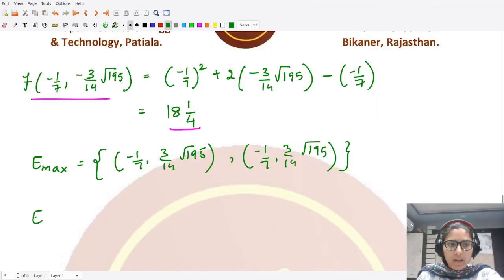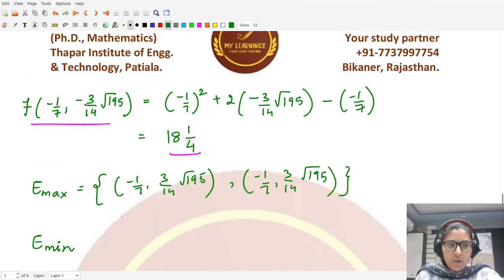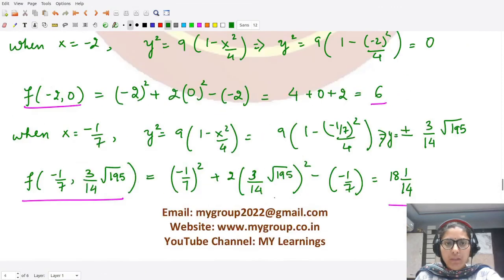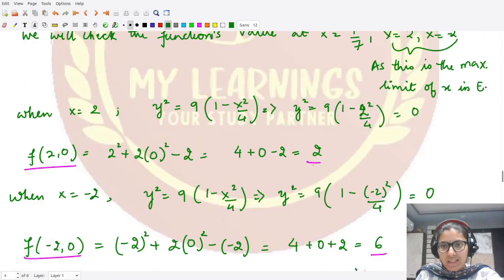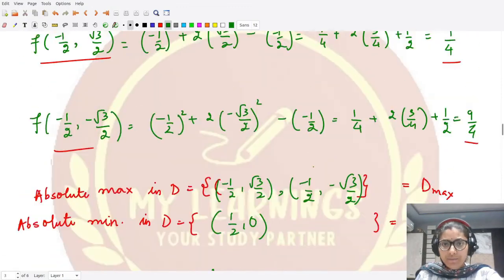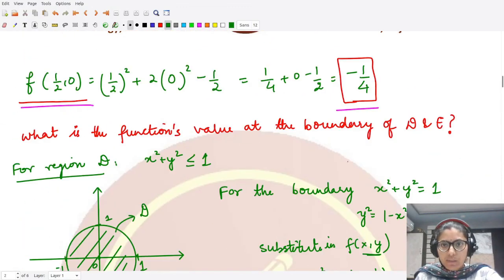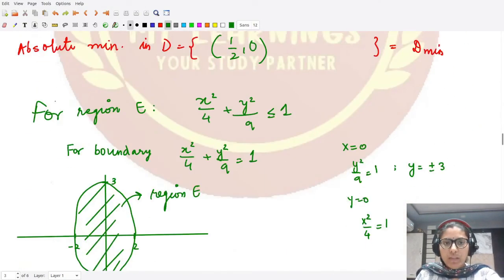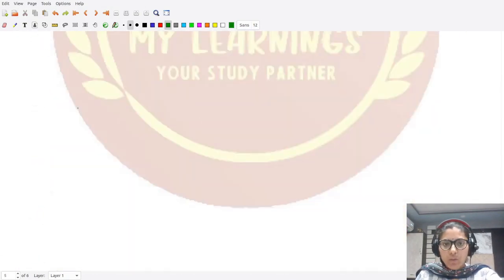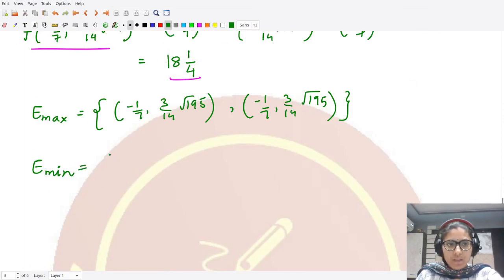And what is the value of E min? Obviously, out of 18 1 by 14, 6, 2 and minus 1 by 4, this minus 1 by 4 is the minimum value. So here the point that we'll be taking is this one, 1 by 2 and 0. So E min would contain the point 1 by 2 comma 0.